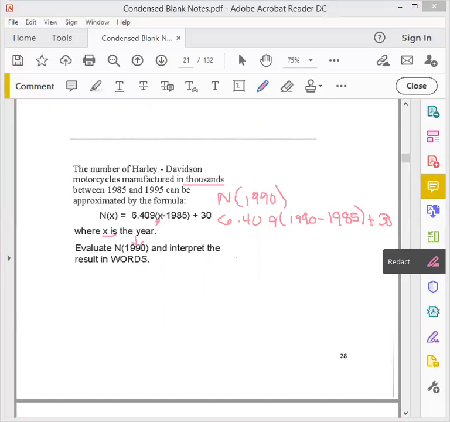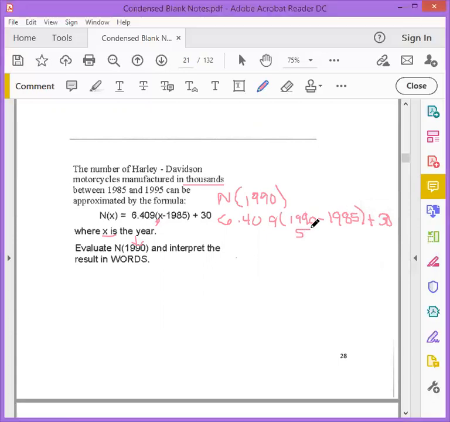So we want to simplify here. We have in parentheses 1990 minus 1985, that'll give us 5. We have to multiply that 5 and 6.409. You want to multiply these numbers together, and then we want to add 30. Now when we simplify, we should get 62.045.